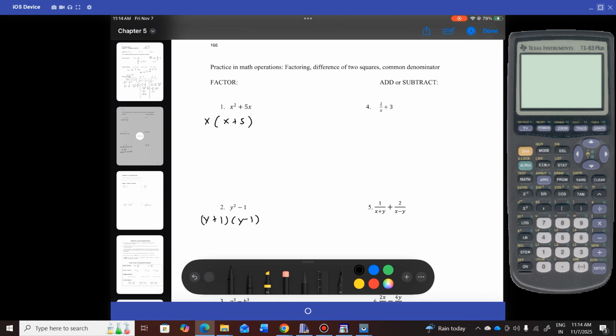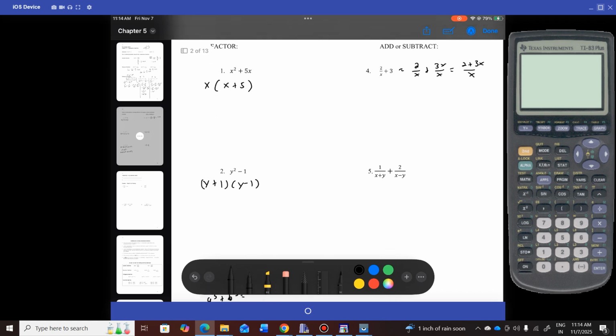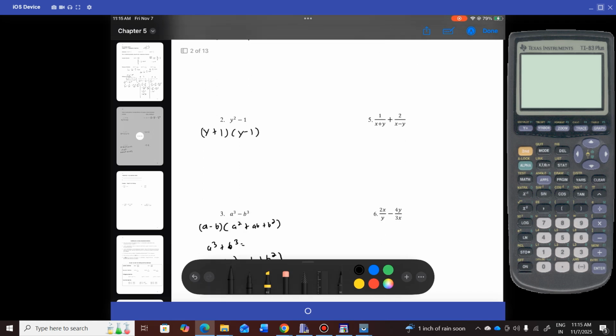Also, finding common denominators is going to be common. So 2x plus 3x over x gives us 2 plus 3x over x. Or having to cross multiply to find the common denominator. So this will be x minus y over x plus y times x minus y. And this will be 2 times x plus y over x minus y times x plus y. These are the same. I know I wrote them out of order, but they're still the same.